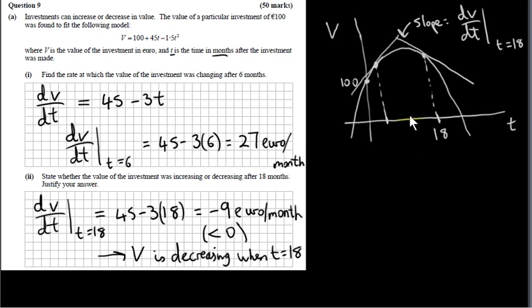Here's another value. Say this value here is the t value of the maximum value of V. In this case, the derivative is 0. When the derivative is 0, V is neither increasing nor decreasing. But anyway, we have this question done.